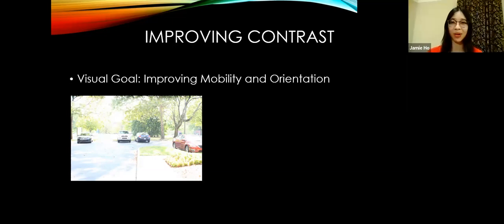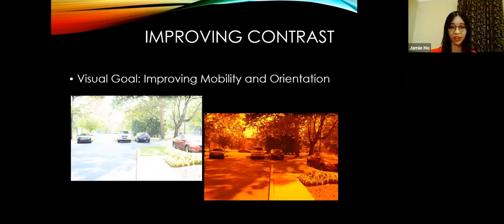Okay, so why do we want to improve contrast? A few slides ago, I said one of the visual goals for some of my patients would be improving mobility and orientation. This is a picture of a parking lot, and you can see it's pretty bleached out. This is how some low vision patients see the world.